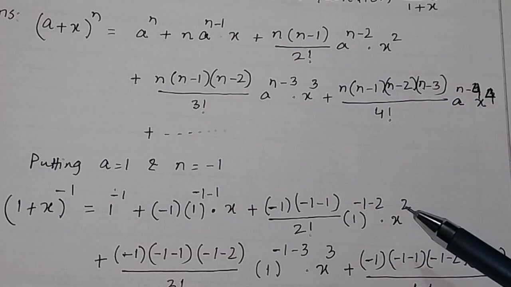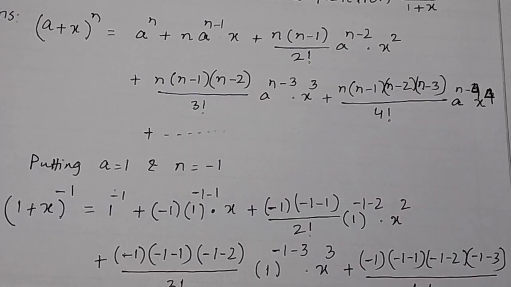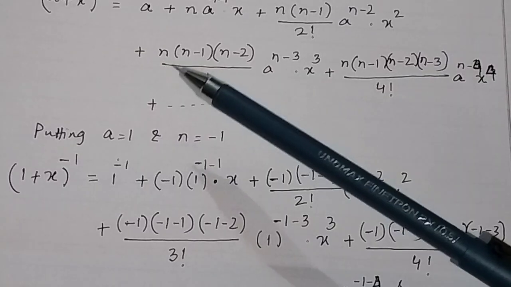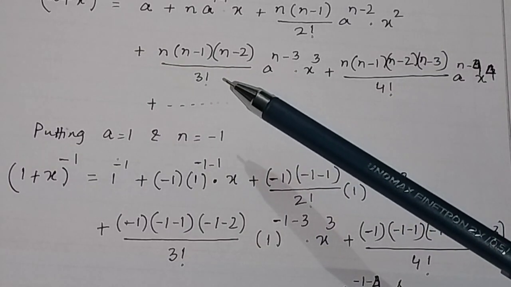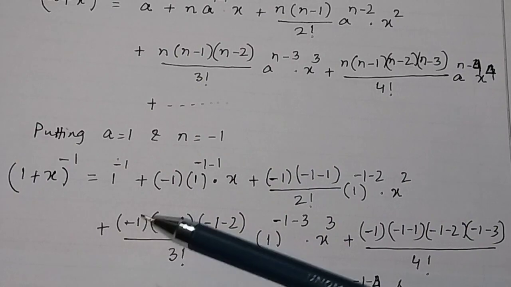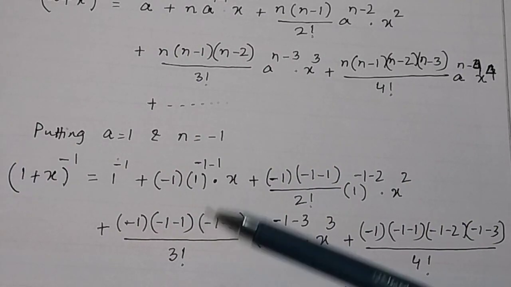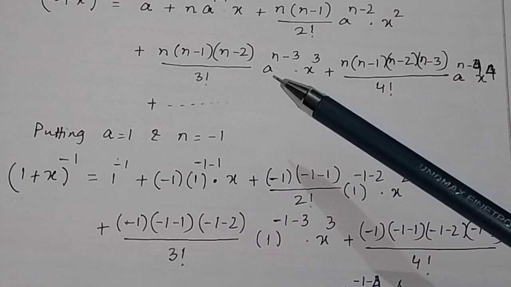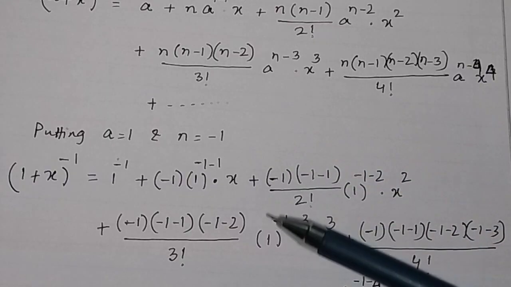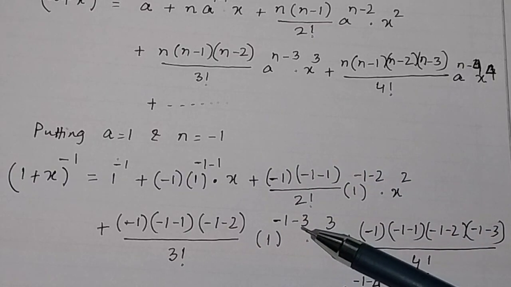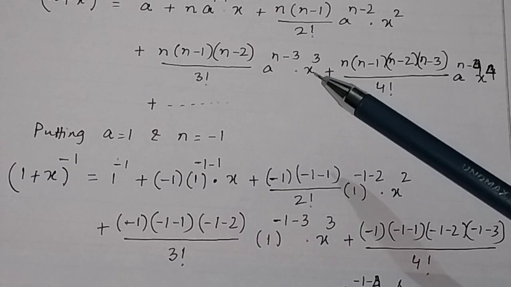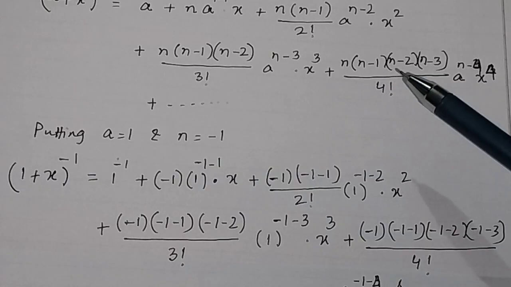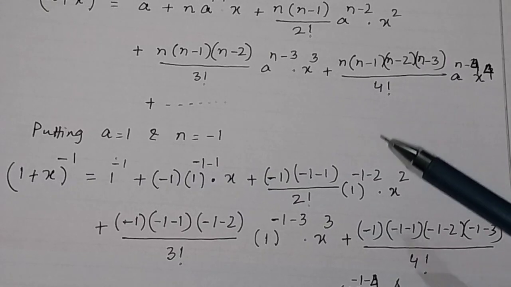Then the fourth term will be equal to n into n minus 1 into n minus 2 divided by factorial 3. So minus 1 into minus 1 minus 1, into minus 1 minus 2, into 1 to the power n minus 3, that means 1 to the power minus 1 minus 3, into x to the power 3. Then the next term will be n into n minus 1 into n minus 2 into n minus 3 divided by factorial 4.